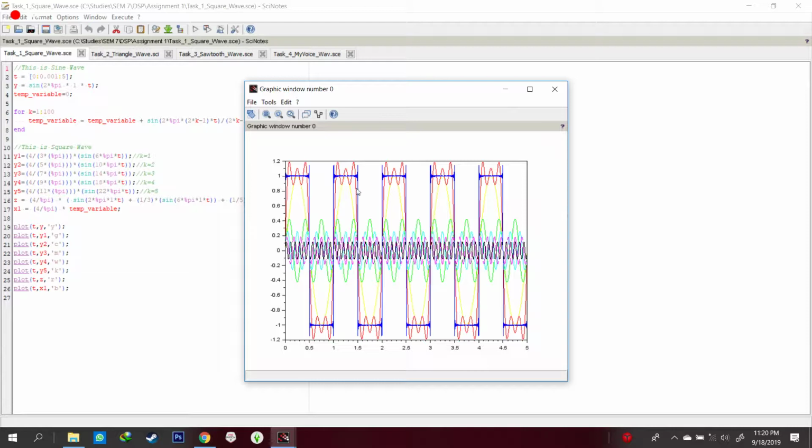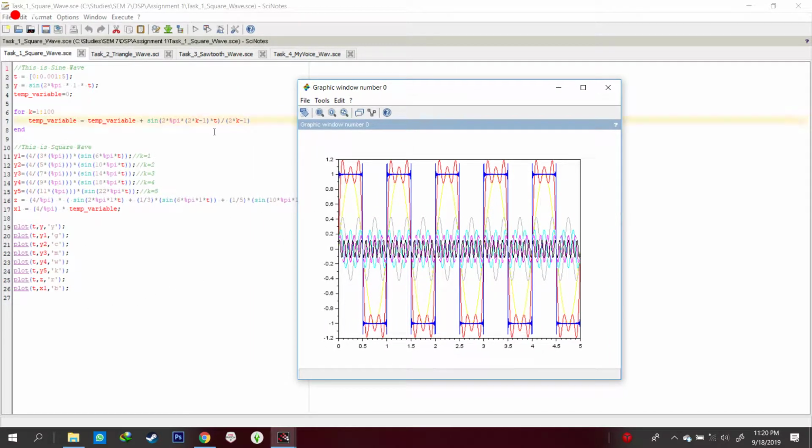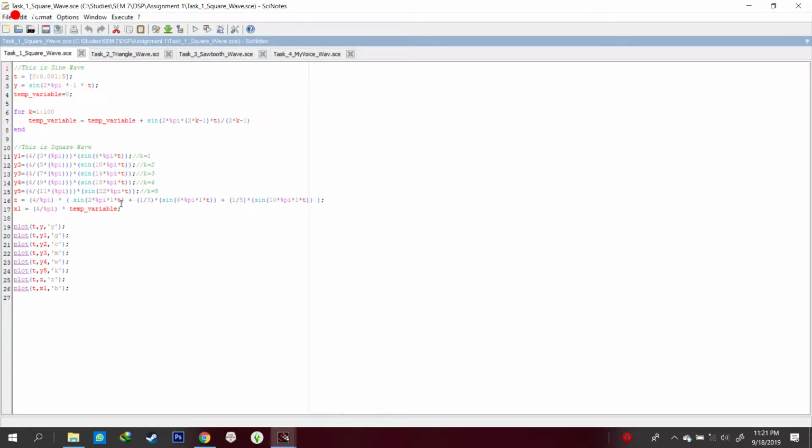The green one is the first harmonic, the second one is cyan, then magenta, yellow, so it will be smaller. The blue one is the equation that I said before, and it will show you this kind of square wave. So that is basically the square wave.